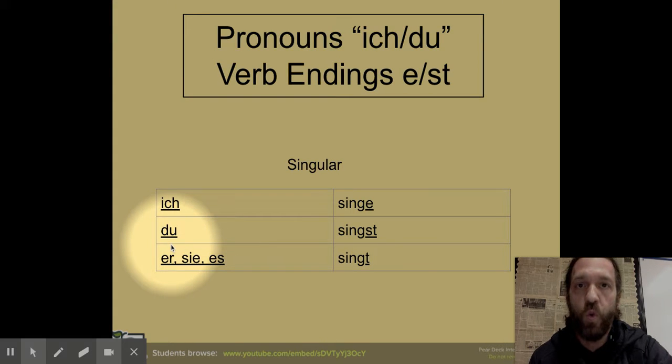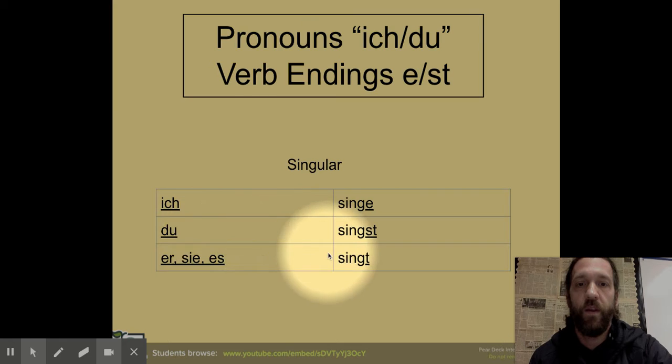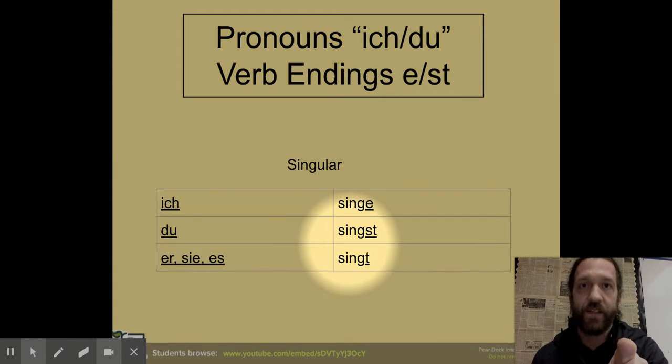And then we have du, which is the second person, and you'll see that the verb ending that corresponds to du is st, or singst. So du singst, ich singe.